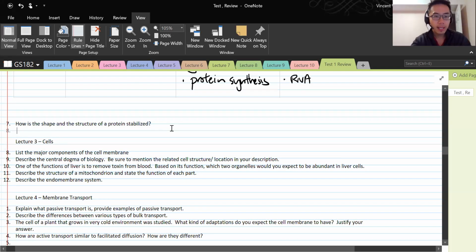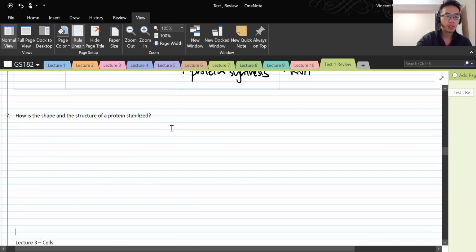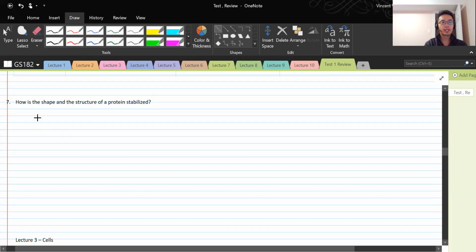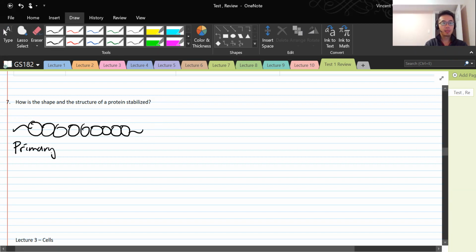How are the shape and structure of a protein stabilized? I remember we filled in a chart for this, but let's just go through it again. If you take the amino acids and link them together, you get a protein. The primary structure is basically the order of amino acids.